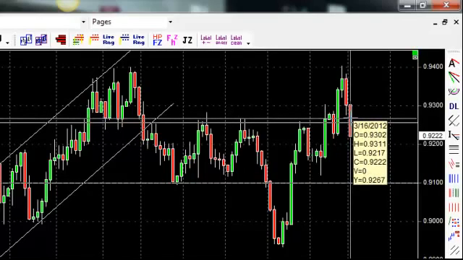So we look at here. You can see here on March 16th, 2012, that the high of this currency pair went up to 93.11, and then the low, so it's moved almost 100 pips.